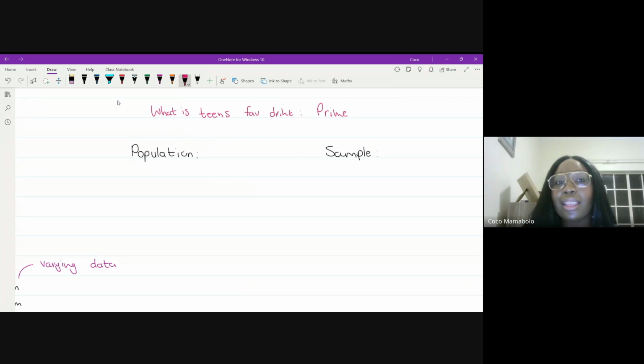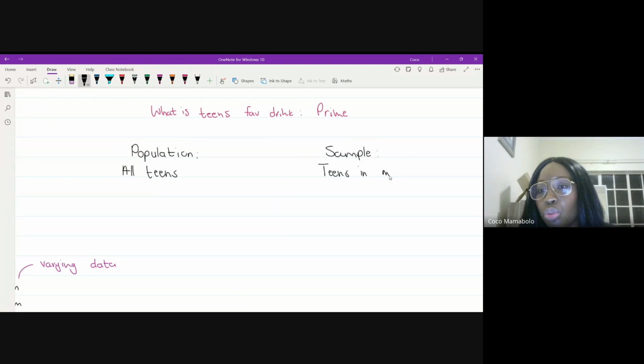So in this case, what I need to do is differentiate between the population, which is all teens, versus the sample, which is teens in my school. Because that will help me make a better informed decision.